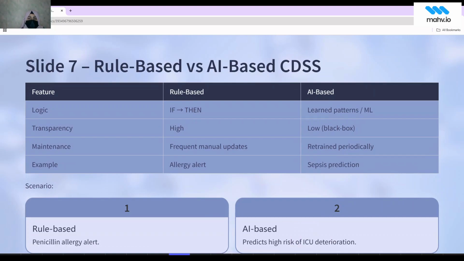Rule-based versus AI-based. In rule-based, the logic is if-then. But in AI-based, it learns patterns, just like in machine learning.